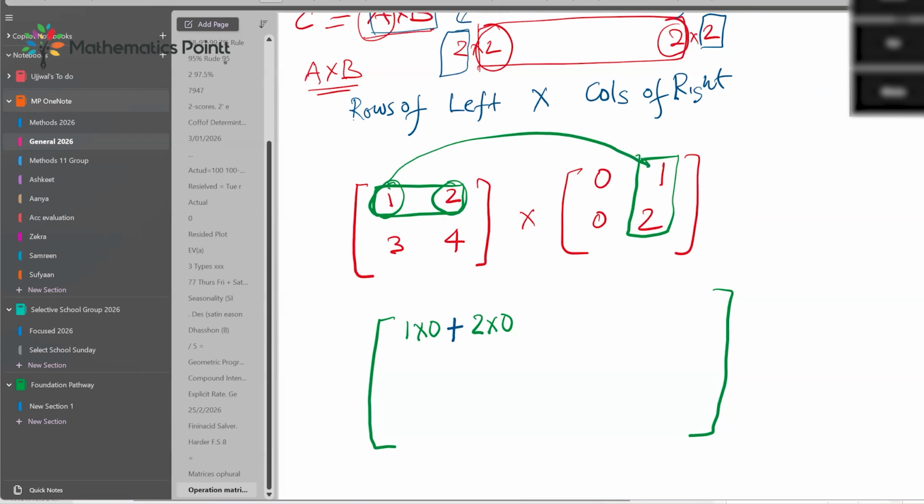And I'll do the same thing. 1 times 1. I have moved the column, so I move the column here as well. So 1 times 1 plus 2 times 2.